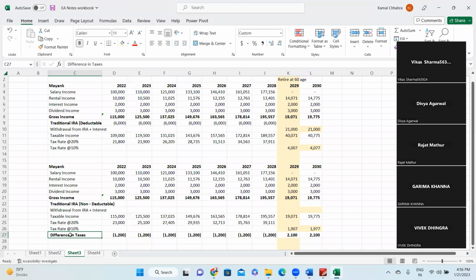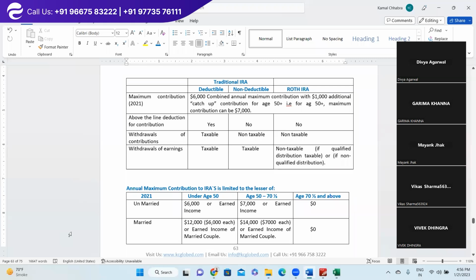Deductible traditional IRA helps in reducing the taxable income in the current year, whereas Roth IRA or non-deductible IRA will not reduce the income. That means you need to pay more taxes if you choose non-deductible or Roth IRA. For deductible it is yes, but for non-deductible and for Roth, it is no.